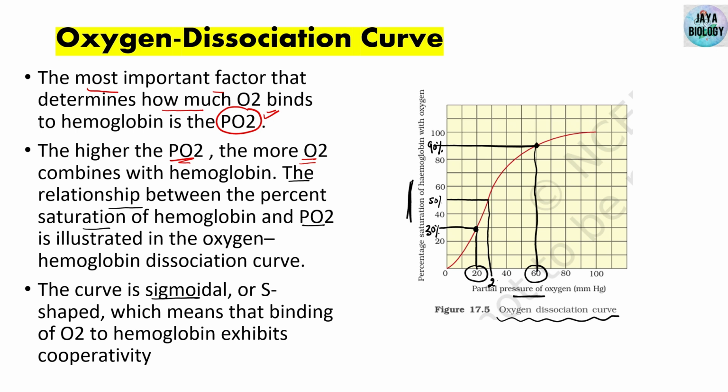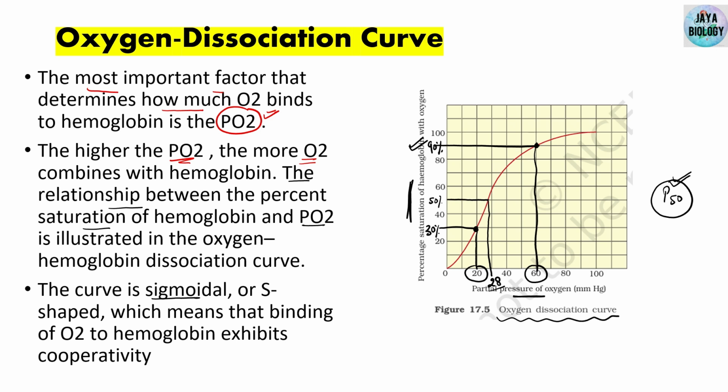So this is P50. P50 means the partial pressure at which hemoglobin is 50% saturated. So at 28 mmHg, it is 50% saturated, and at 60 partial pressure and above, it is more than 90% saturated. And it is just because of the cooperative binding that we are getting a sigmoid curve.